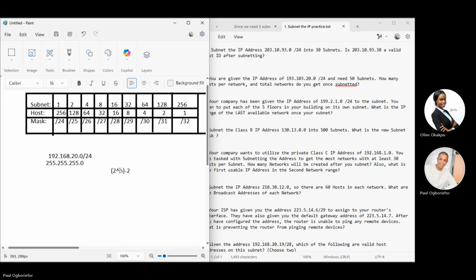So look at it, just calm down. If we want to write this 255.255.255, you have it as 1, 2, 3, 4, 5, 6, 7, 8, dot 1, 2, 3, 4, 5, 6, 7, 8, dot 1, 2, 3, 4, 5, 6, 7, 8, dot 1, 2, 3, 4, 5, 6, 7, 8.